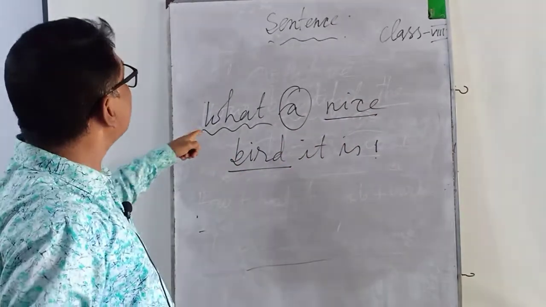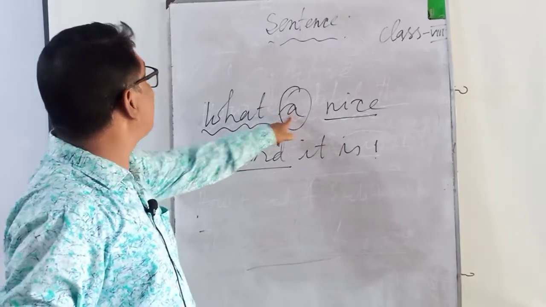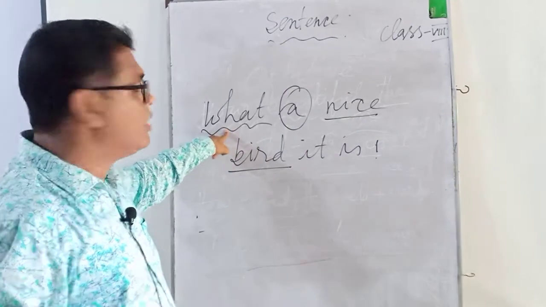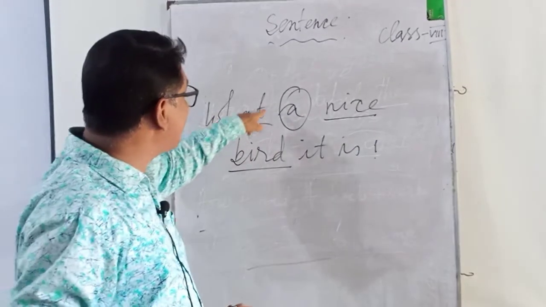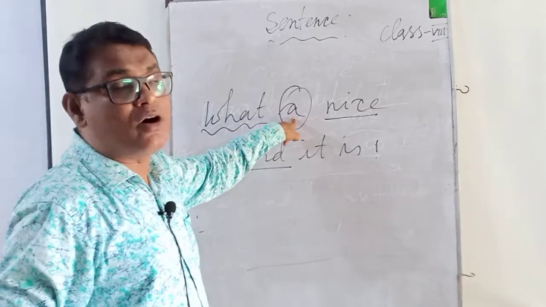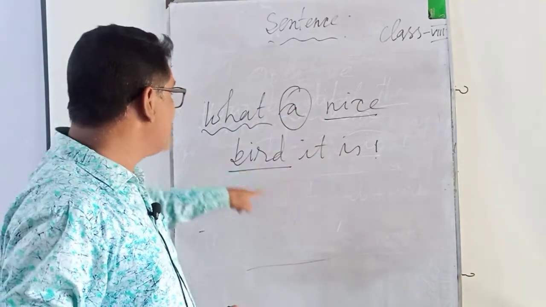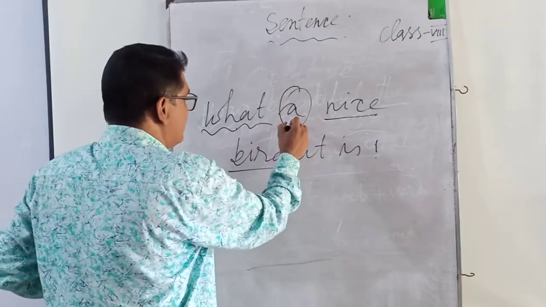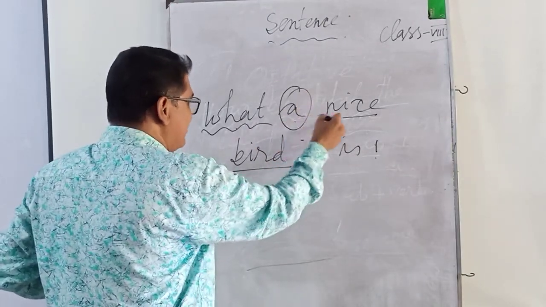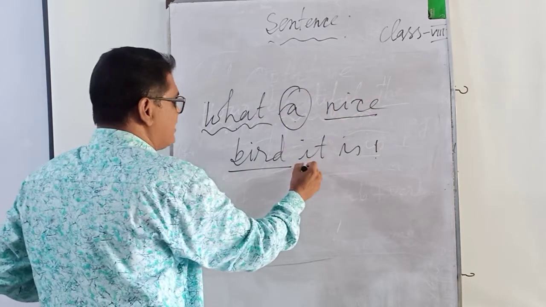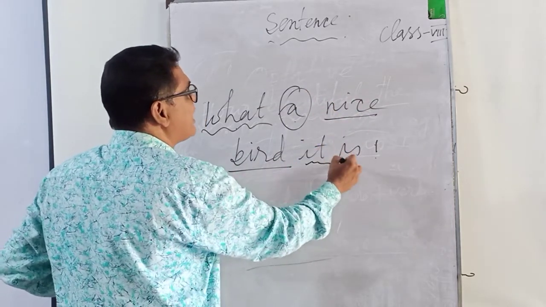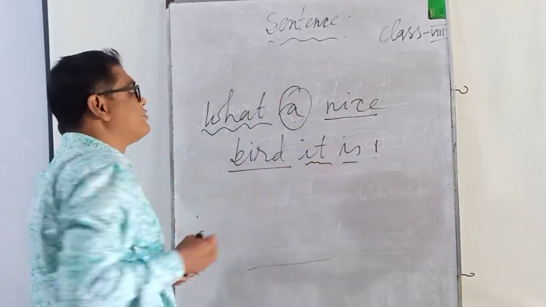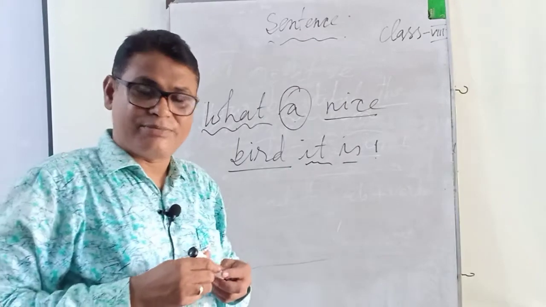When you start the sentence with what, you have to use a or an. If you start the sentence with how, then you should not use a or an. So what plus a or an, then noun phrase, then subject and verb. If we form a sentence in this way, then we should say this is an exclamatory sentence.